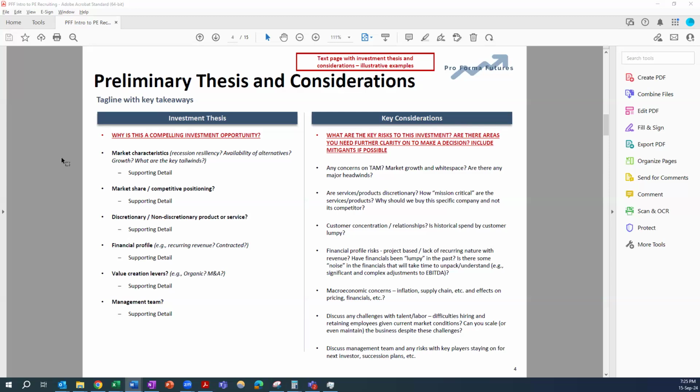Yeah, I would add here, consider the firm that you're applying to. If your target fund buys majority growth equity or control growth equity deals in software businesses, your theses and risks are going to be very different than if you're doing distressed industrial turnaround type stuff.